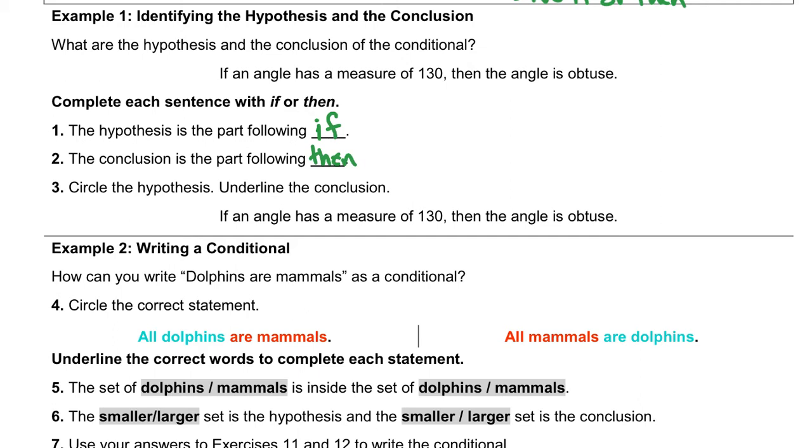It's just the hypothesis follows if. Then is not part of our conclusion. Our conclusion follows the word then. So to circle the hypothesis, I'm just going to circle an angle has a measure of 130 degrees. Okay? That's the hypothesis. The conclusion is the angle is obtuse. So hypothesis follows if, conclusion follows then.